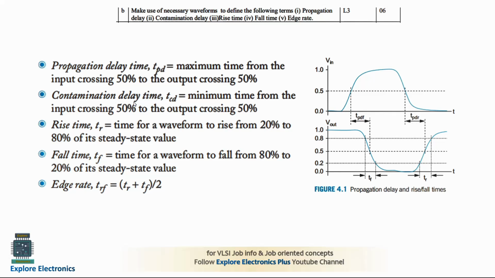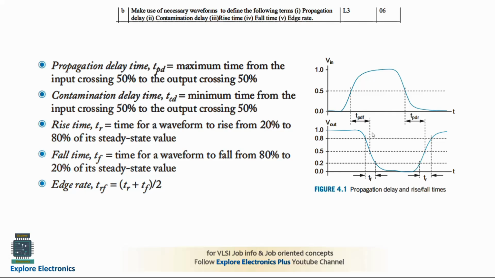Then we have contamination delay. Contamination delay is that minimum time from the input crossing 50% to the output crossing 50%. Here we need to take the minimum time, and the propagation delay says it is the maximum time. Then what is rise time? Rise time is that time for the waveform to rise from 20% of the value to the 80% of the value. From here you can see the rise time from 20% of the total output to the 80% of the total output.